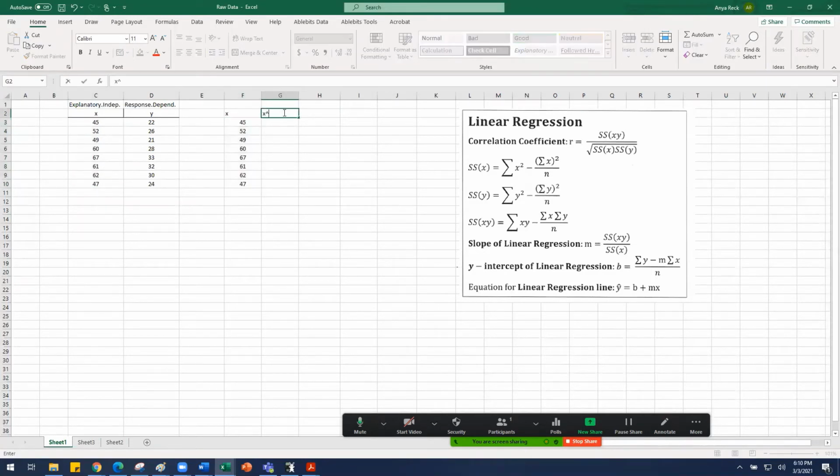We need an x squared column. So we square each of those. And then we need the sum of each of those columns.